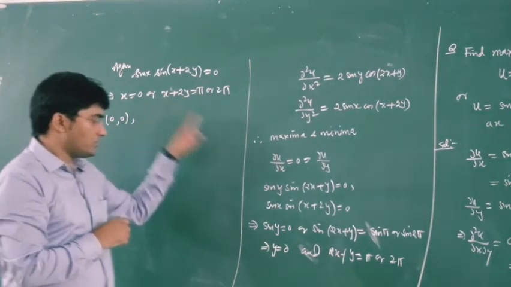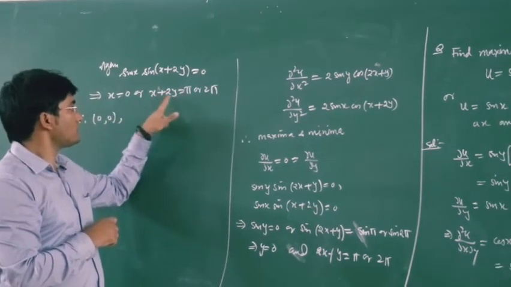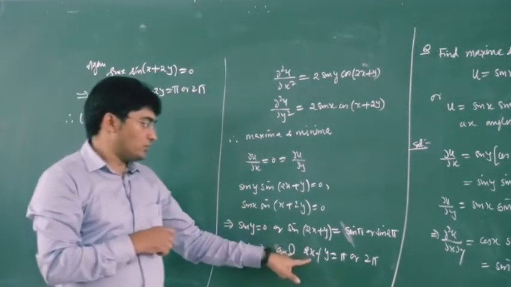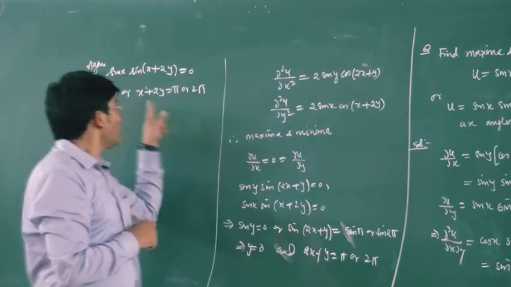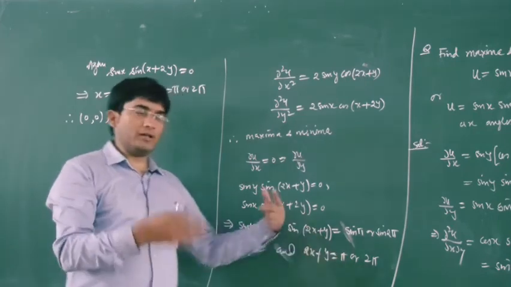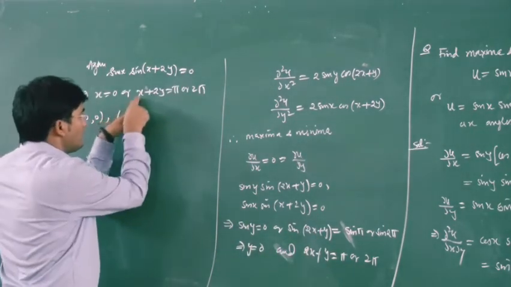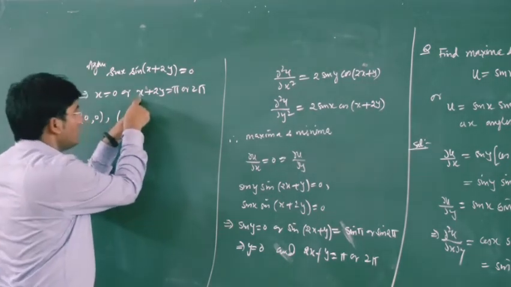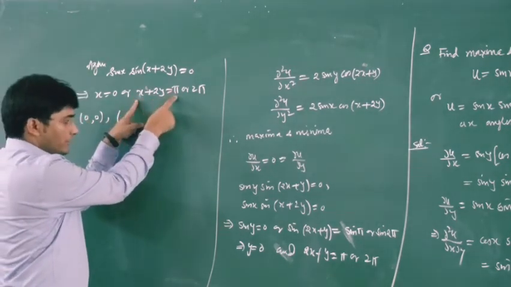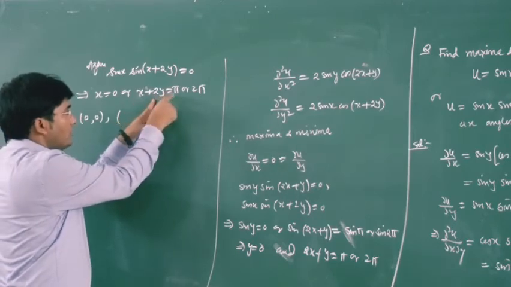Now if you solve these two equations, that means when your x plus 2y equal to pi, and 2x plus y equal to pi, or x plus 2y equal to 2 pi, or 2x plus y equal to 2 pi, then we will get. Now let us see. Now if you multiply this equation by 2, then this will be 2x plus 2y equal to 2 pi. Now here you consider 2x plus 4y equal to 2 pi.